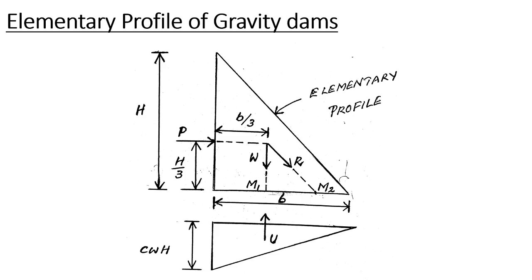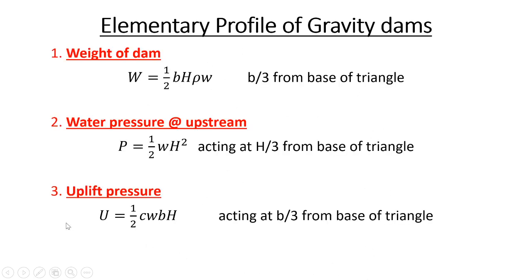In order to find the uplift force, you have to take the area of this uplift pressure distribution diagram. It's a triangular variation, so area is half into base into CWH. See the equation, uplift pressure U equal to half into B into CWH.